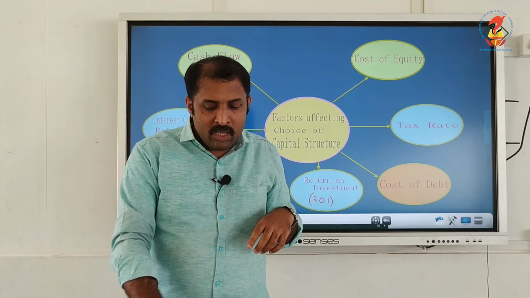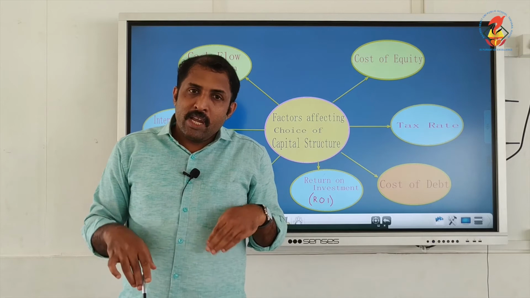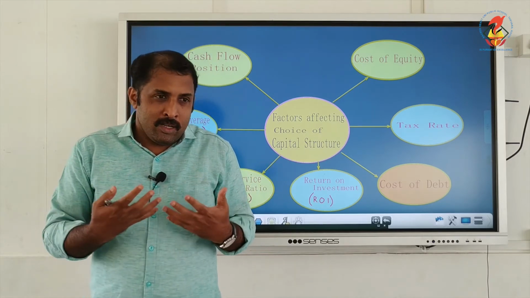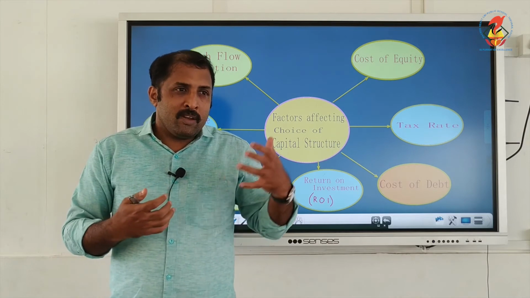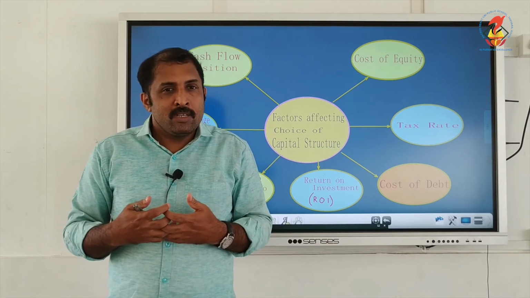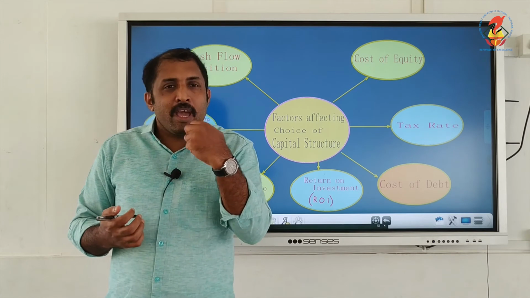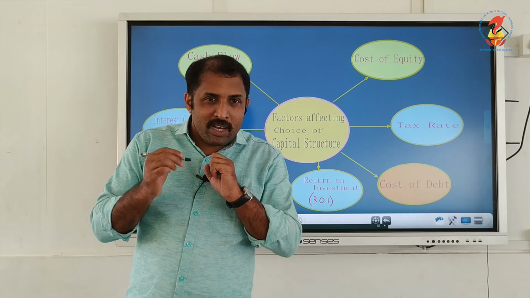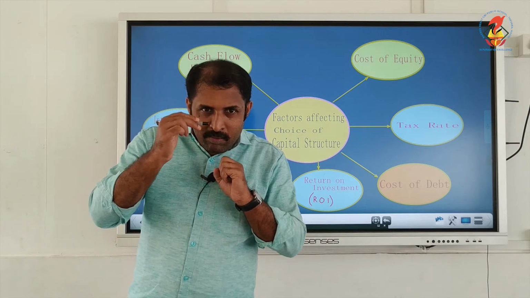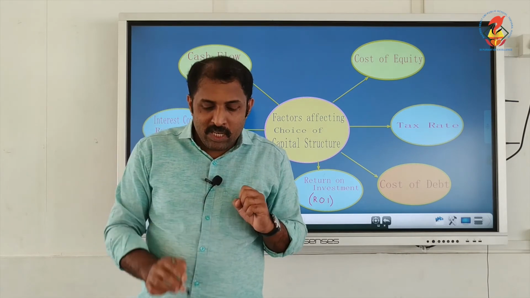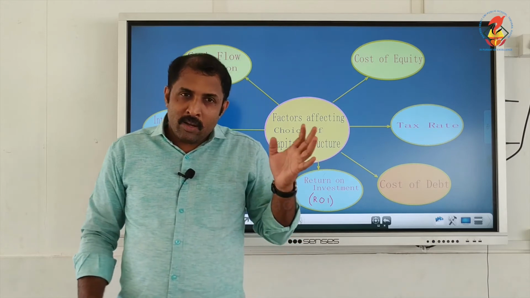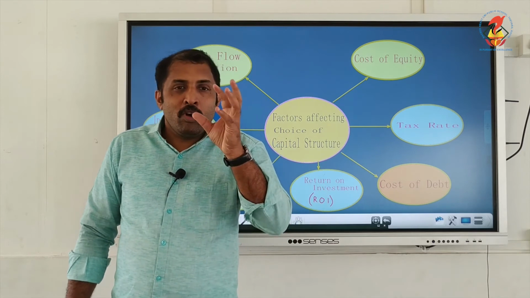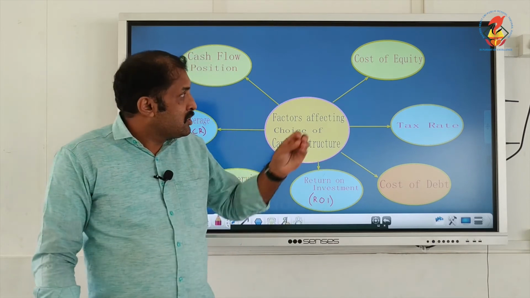It makes debt relatively cheaper, because the interest we are paying can be deducted for tax calculation purposes. So, debt can be considered an attractive source by the company, because that becomes a deductible expense when tax calculation is made. So, compared to equity, debt becomes more preferable for companies.